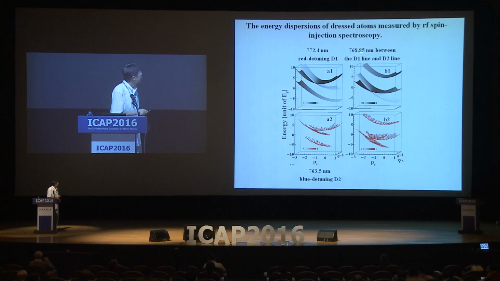When the wavelength is at 768 nanometers, which is between the D1 and the D2 line, we can see the two energy bands touch at this Dirac point.